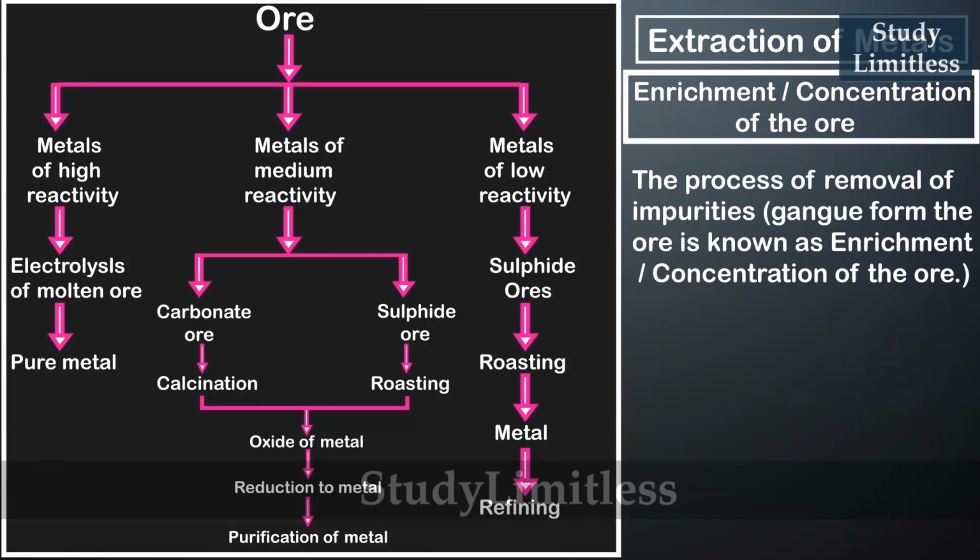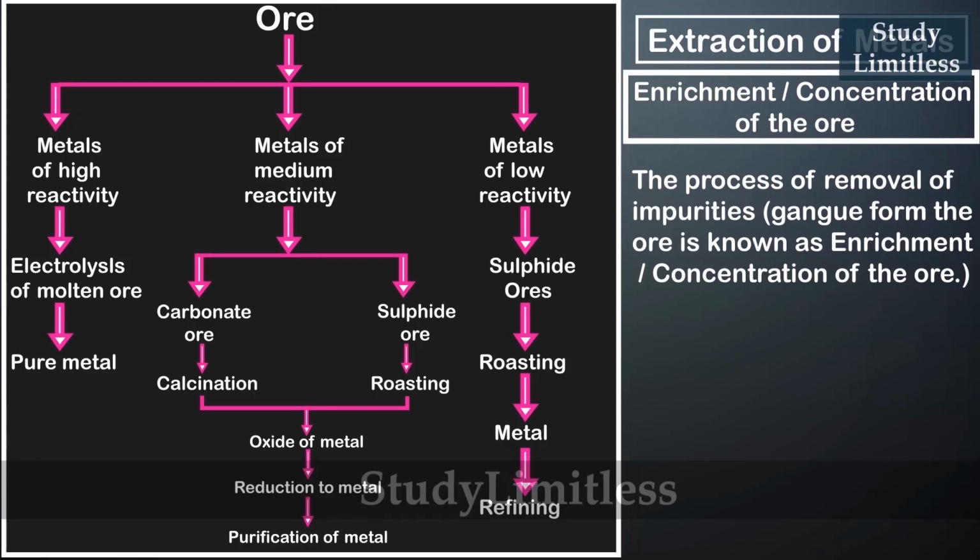Then, talking about the metals of medium reactivity, there are two types of ores in this. One is a carbonate ore, the other is a sulfide ore. Each of these ores has a different process to be followed. For a carbonate ore, what you need to do is calcination. For a sulfide ore, what you need to do is roasting.